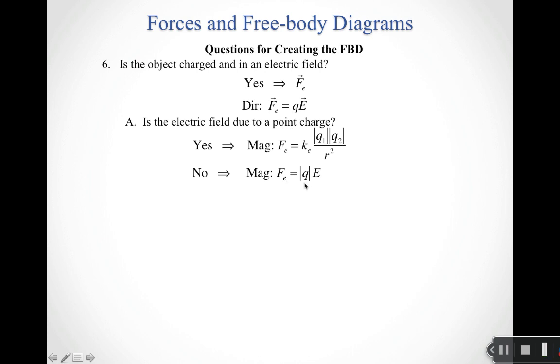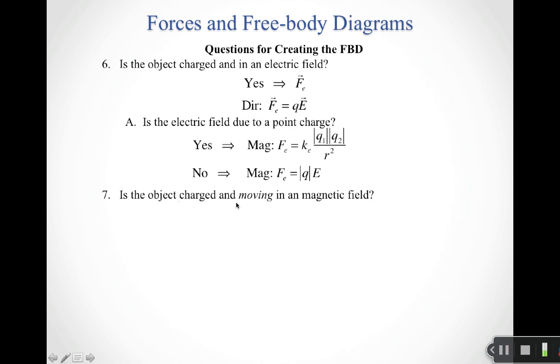If I don't have an electric field due to a point charge, then I've got an electric field due to something else, and this is my equation for calculating the magnitude. So again, I've got options here, not just in which direction it goes, but also in what equation I want to use to calculate the electric field.